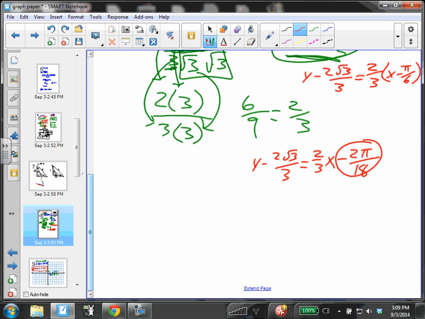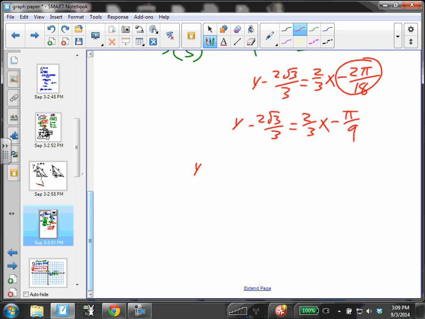Notice there's a 2 on top and an 18 on bottom, so 2 will go into both of them. So y minus 2 square roots of 3/3 is equal to 2/3 x minus pi over 9. 2 will go into the top, so it cancels out the 2 on top, and on bottom, 18 divided by 2 makes 9.